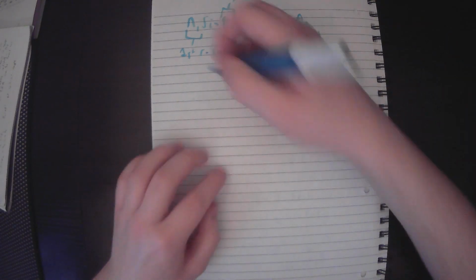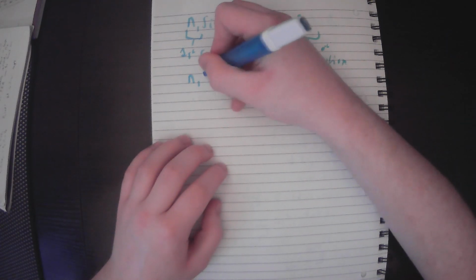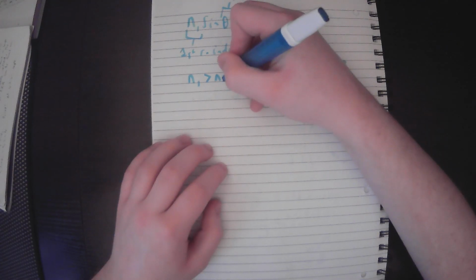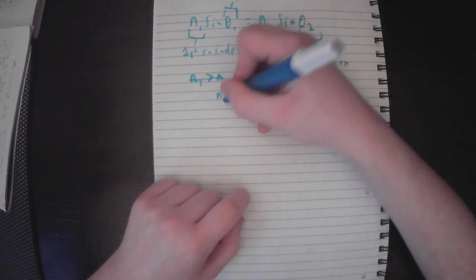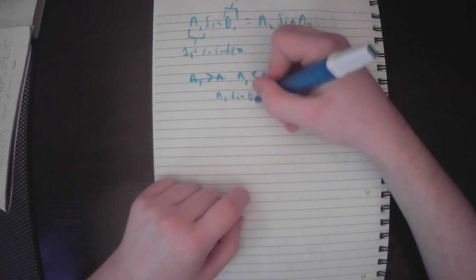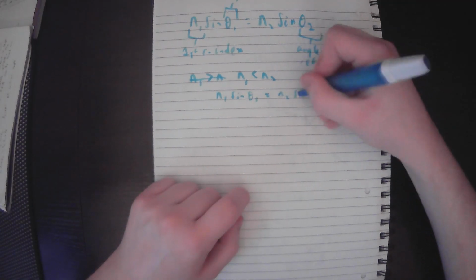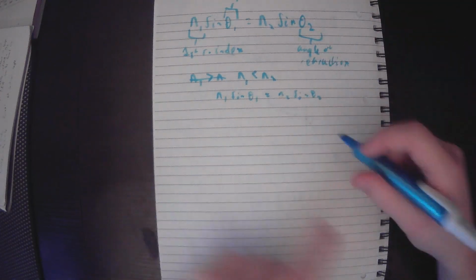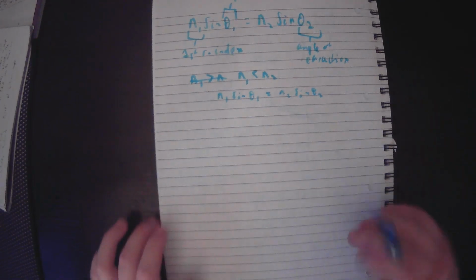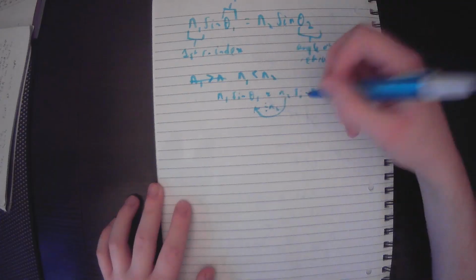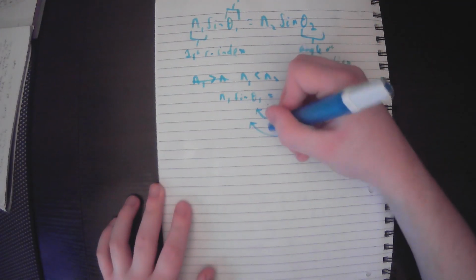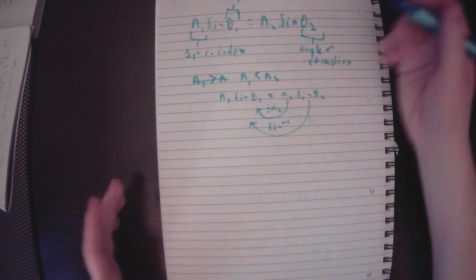So if we rearrange this, so if we take the fact that N1 is less than N2, right? N1 sine theta 1 equals N2 sine theta 2. If we rearrange for theta, we're going to divide by N2, and then we're going to do sine inverse of both sides, so that we're just left with theta 2.